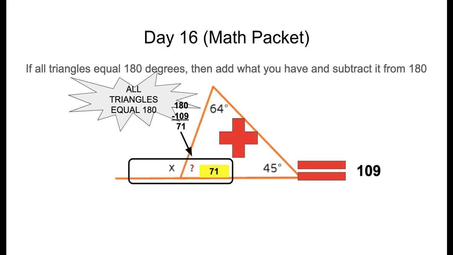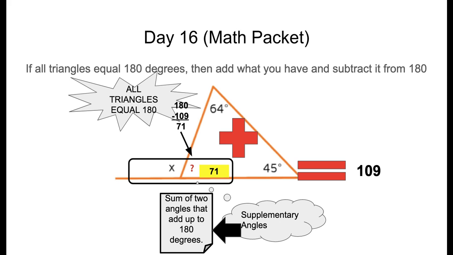And now that I have 71 for this interior angle, what I know here is that these two angles have to be supplementary angles because they lie on a straight line. And supplementary angles are two angles that add up to 180 degrees. So in that instance, I can again just take part from whole, and 180 minus 71 equals 109.